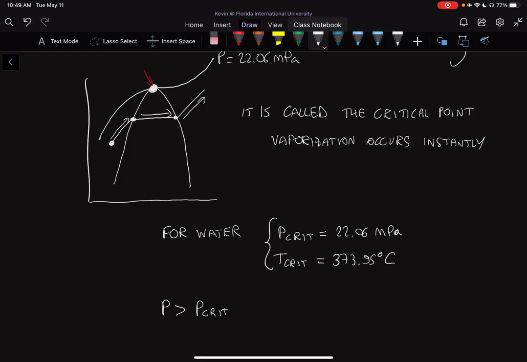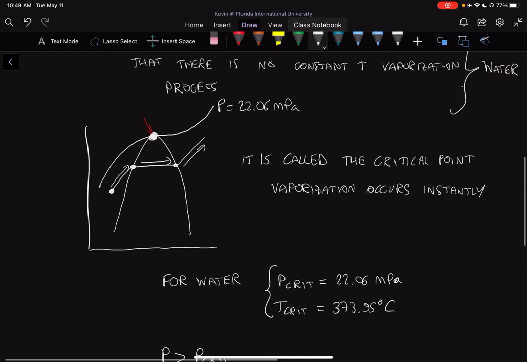Now, what happens if our water pressure is greater than the critical pressure? Let's say it's at 25 megapascals. If we draw it, it would look something like this. How do we determine the phase above 22.06? It's actually impossible to determine the phase at that point, except by looking at it visually.